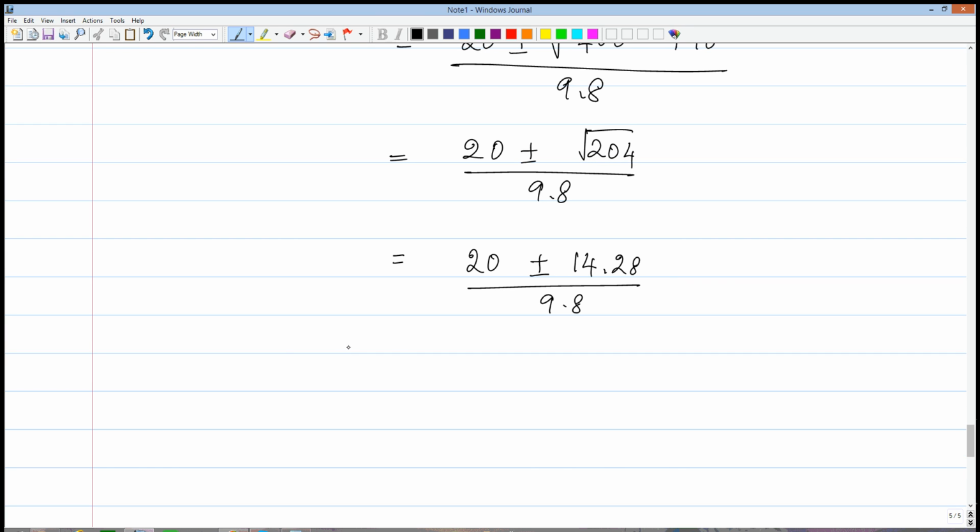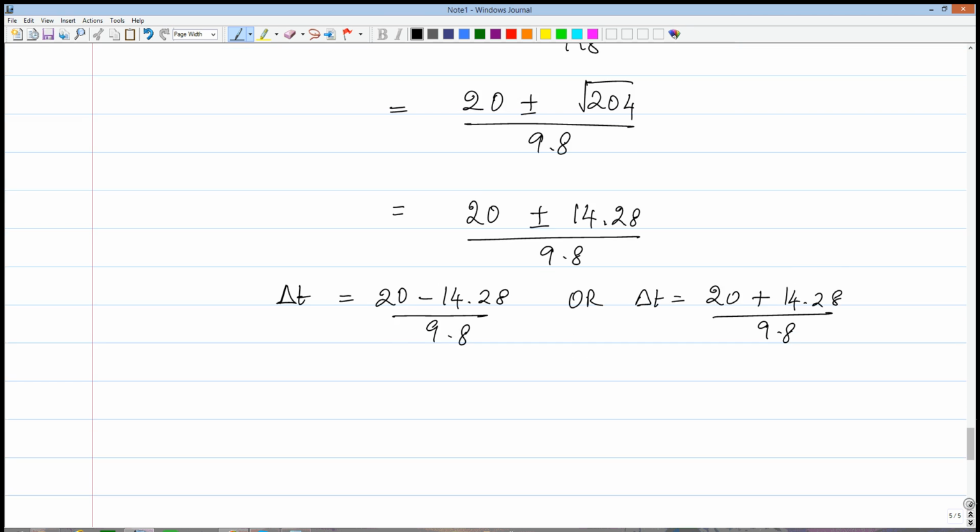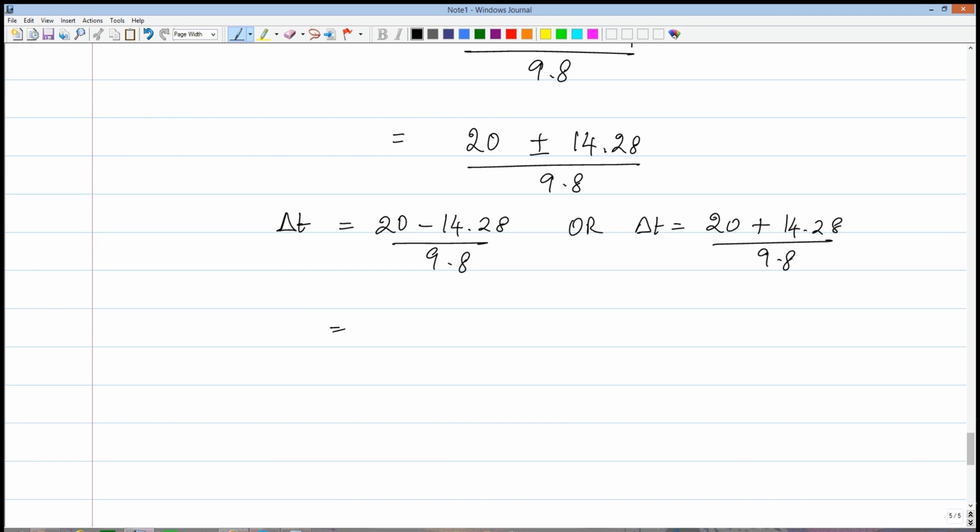So we have two choices here. Delta t is either equal to 20 minus 14.28 over 9.8, or delta t equals 20 plus 14.28 over 9.8. And you see that we'll have two positive answers, and we look at what this actually means physically.